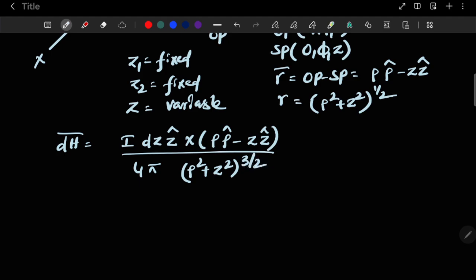Now we need to perform the cross product between these two. z cap is in cross product with rho rho cap minus z into z cap.